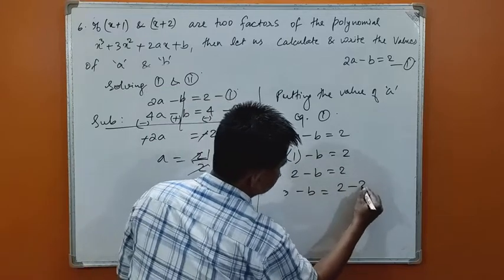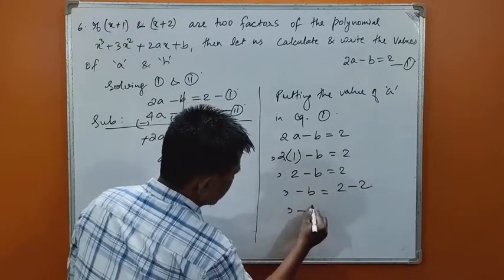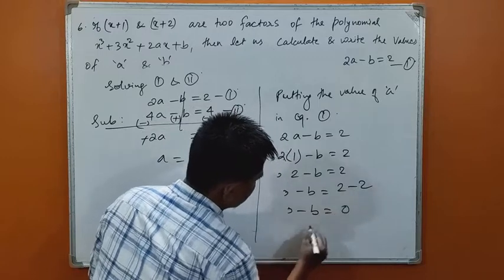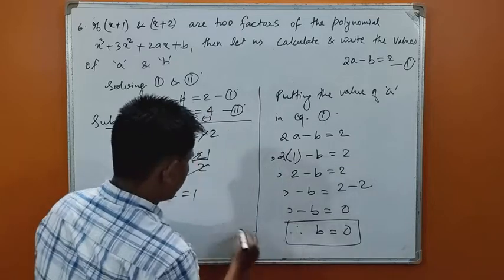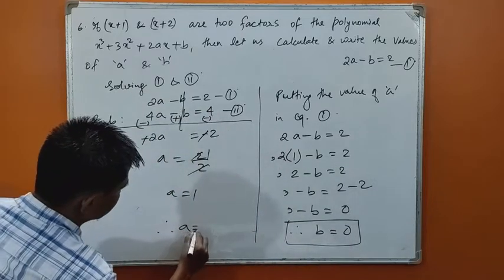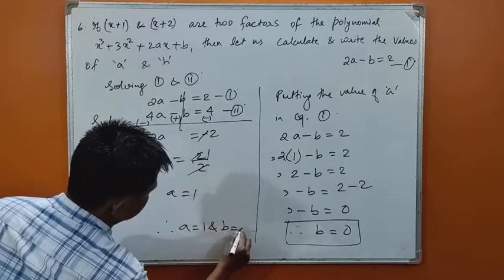Plus 2 take to the left hand side, right hand side becomes minus 2. Minus b equals to 2 minus 2 is 0. Therefore b equals to 0. Therefore a equals to 1 and b equals to 0.